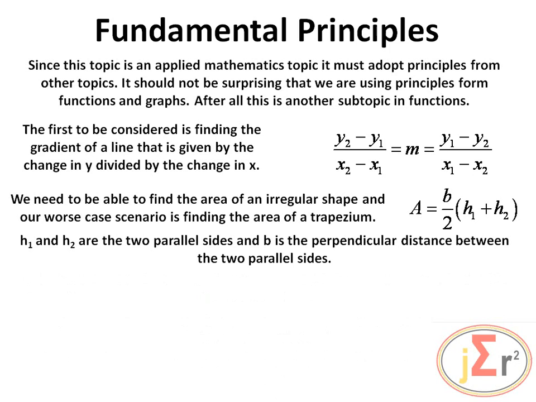As a matter of fact, when we are solving the problems in this section, a better understanding of the application of these formulae that are adopted from other topics will be understood.